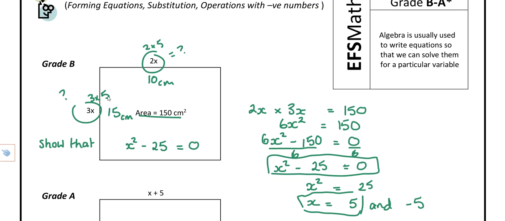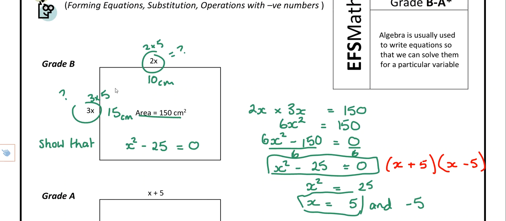Just out of interest, because of what we were just doing, if I asked you to factorise x squared minus 25, what would you tell me? x plus 5, x minus 5. It's the difference of 2 squares again.